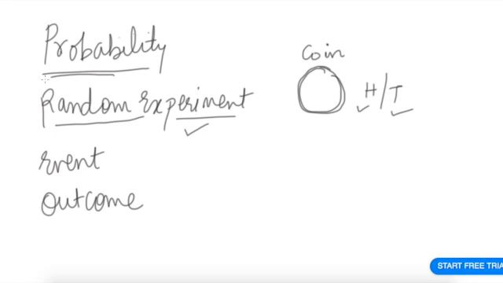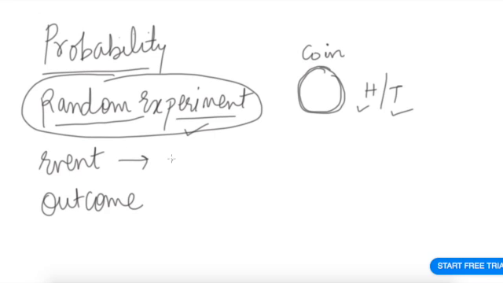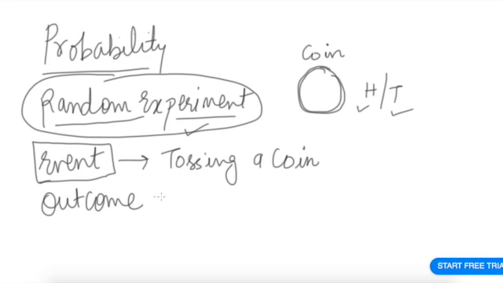So that's what a random experiment is here. Event: tossing a coin is an event. And what are the outcomes? I'll get either head or tail when I toss one coin.